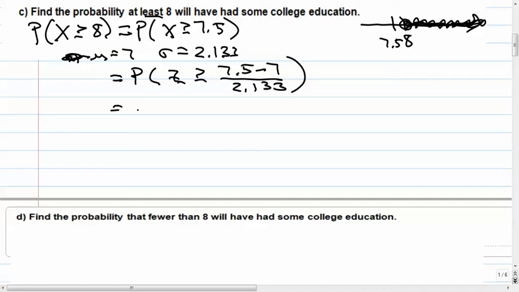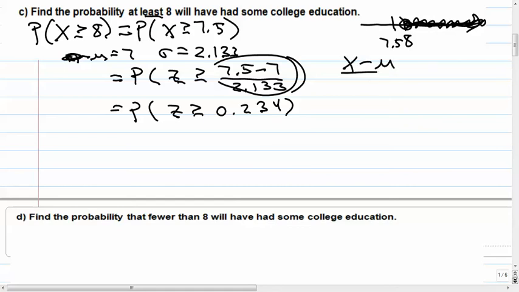If you do your math, that comes out to be 0.234. Again, I'm just using that z-score formula right there.